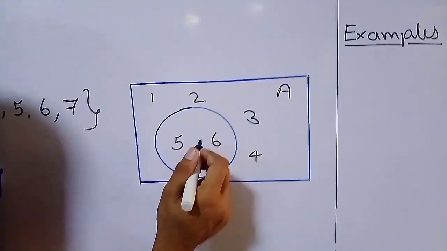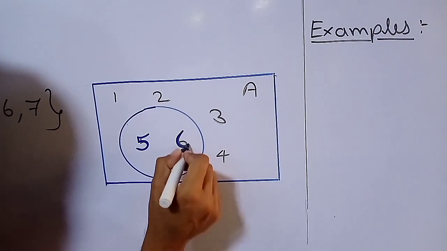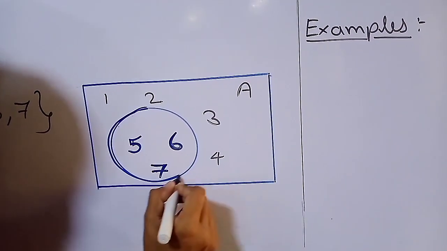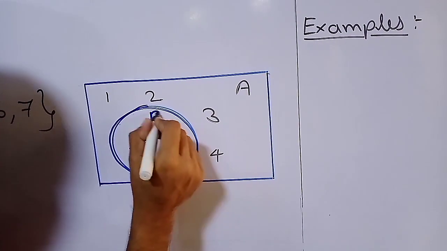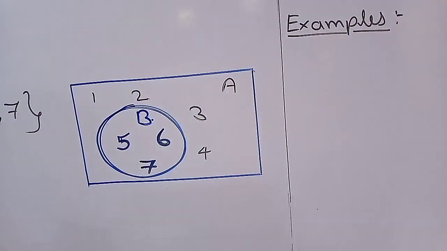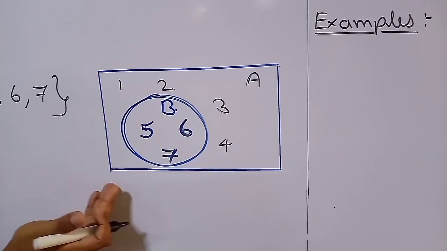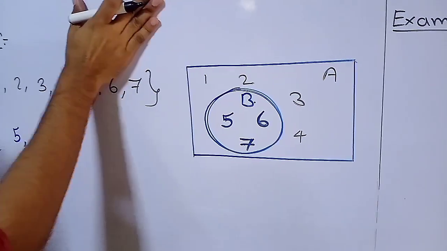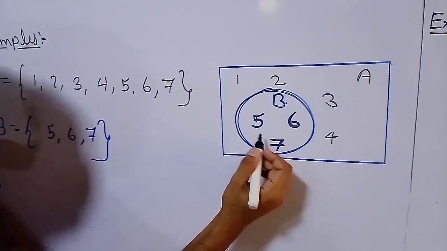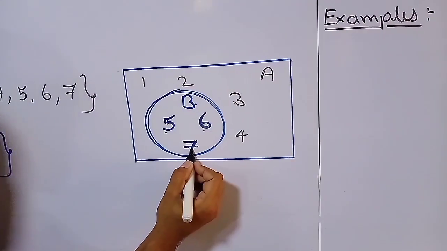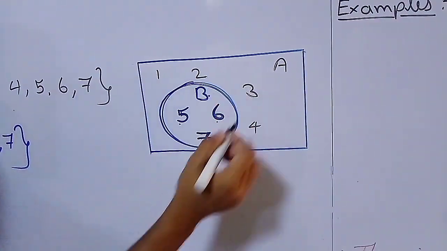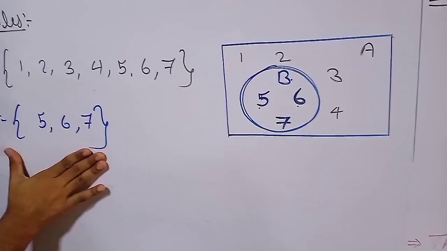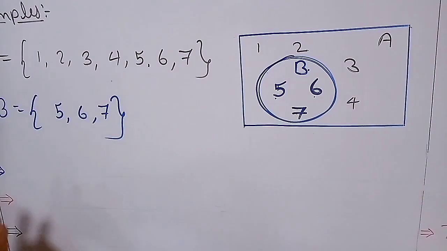Yes, we are able to see 5, 6, 7. So we denote this by a circle and write the name of this second set, that is B. So this fulfills the statement written in our definition. All the elements of set B are already included in set A. So this is called set B is a subset of set A.